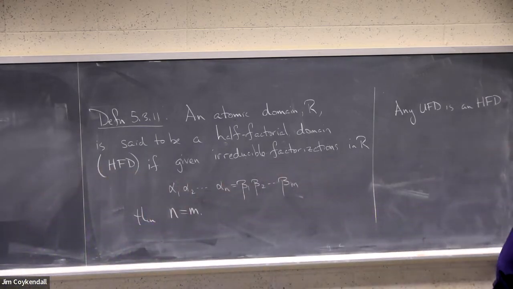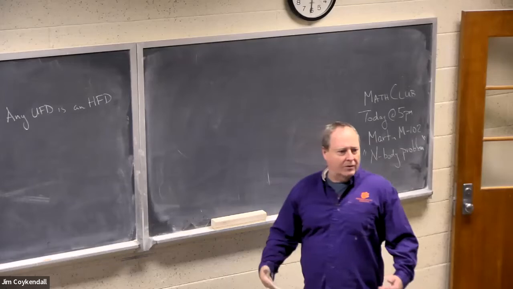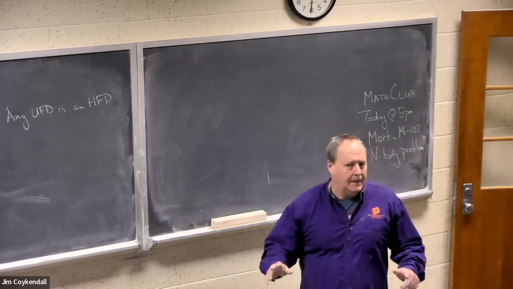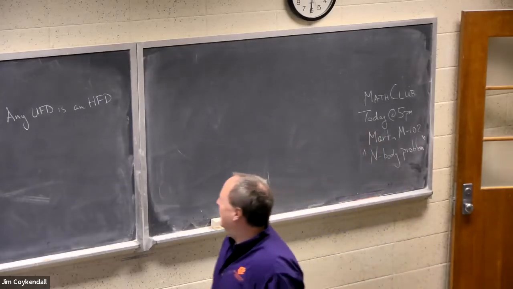I'm going to show you a large class through this very famous theorem about HFDs, but first I'm going to introduce you to a family of HFDs that are easier to wrap your head around.